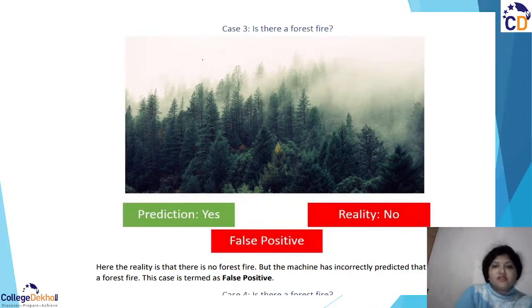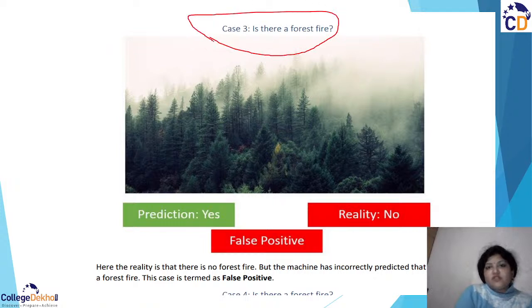Now let us take the third example. Case number 3. Is there a forest fire? The prediction was yes, there is a forest fire. And in reality, there was no forest fire. So here, one yes, one no. Your result will become false.